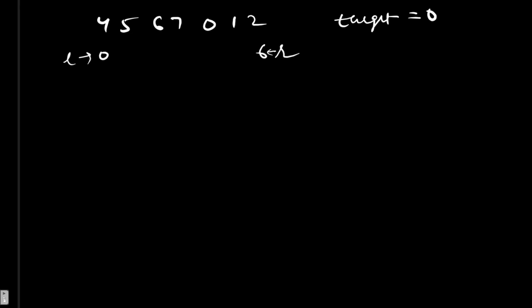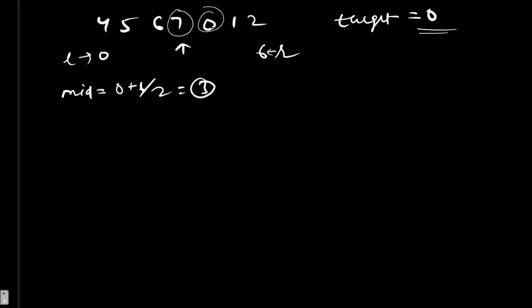The mid is going to be left plus right by 2, that means 0 plus 6 by 2, that means 3 in this case. So this is our mid. First we have to check whether our mid is equal to the target. Let's say our mid was not 3 in this case, and we had some more elements, and our mid was something like 4. If we found our target at mid the first time, then we have to return from there.